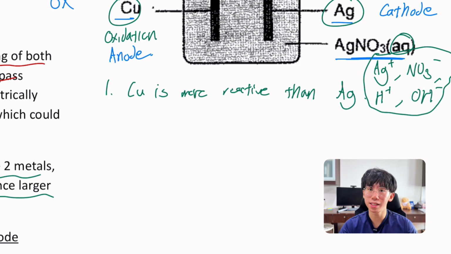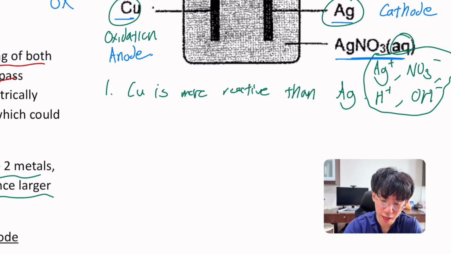And because we know this, we can then sort them out and push the ions to their respective electrodes. So the cathode is going to attract the cations. So your H plus and silver plus ions are going to the right, and your NO3 minus and your OH minus is going to go to the left.